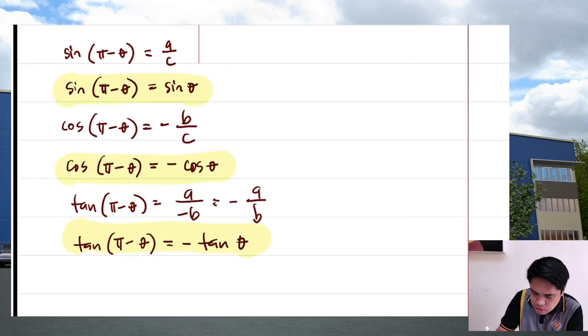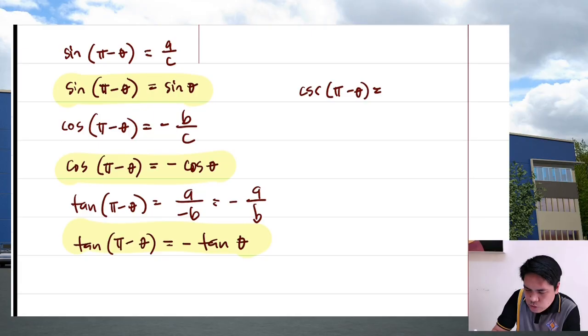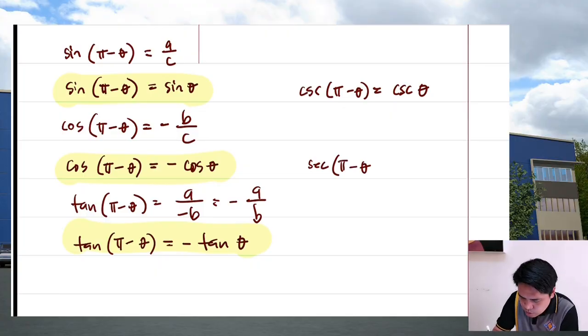Yung mga reciprocal, edi reciprocal din natin. That means, since we know that the reciprocal of sine is cosecant, so cosecant of pi minus theta is equal to the reciprocal of sine again. So, that's cosecant theta. Now, for the reciprocal of cosine, that's secant of pi minus theta, that's equal to negative secant theta.